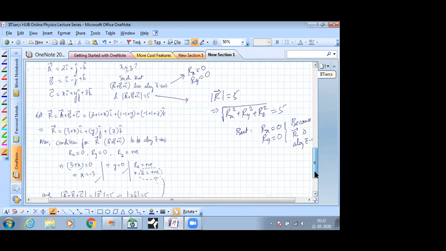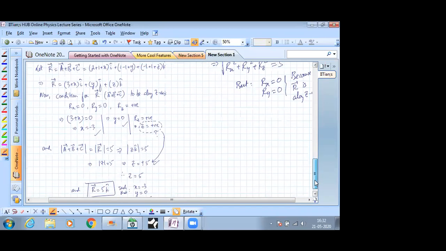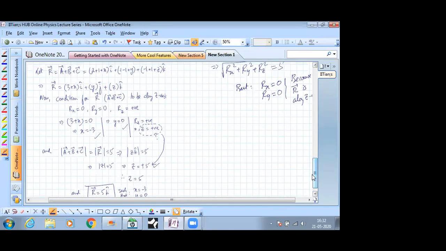I'll just take you to the full length of the solution below. Okay, so hope this is clear to everyone.